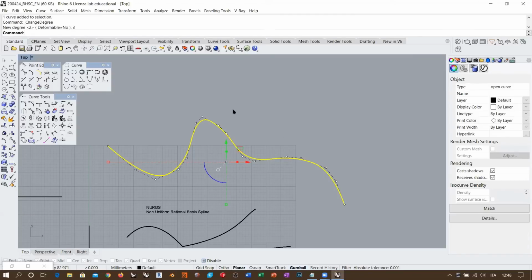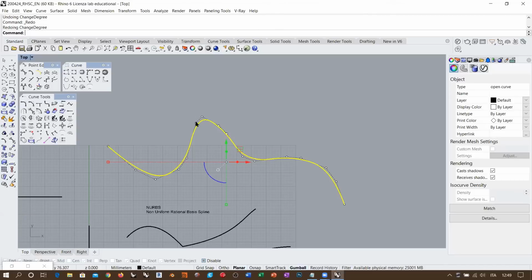Different topology, but the same shape. So you see, if I undo and redo, it changes the topology, but not the shape of the curve, right? So when you change the degree, increasing the value of the degree, you can do this without risk, because the curve is not going to change the shape.